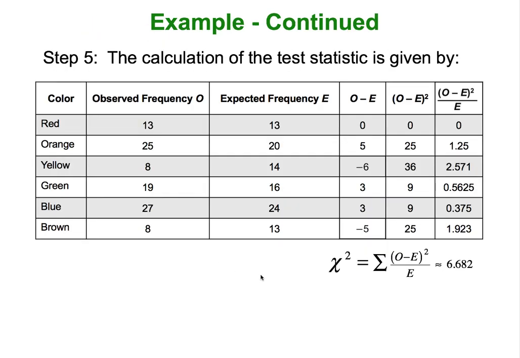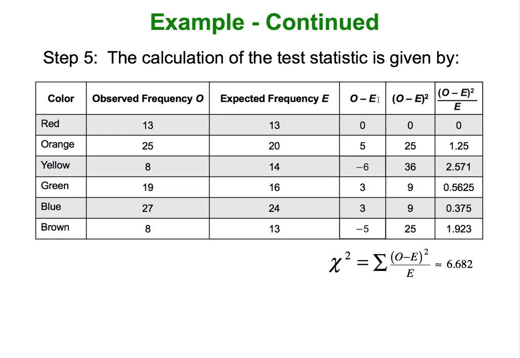Now here's a table showing all of the values and the calculations that we would make. Our observed frequencies are those from our sample, and they match the table that we saw before. And here are the expected frequencies, which match the frequencies from the prior slide.